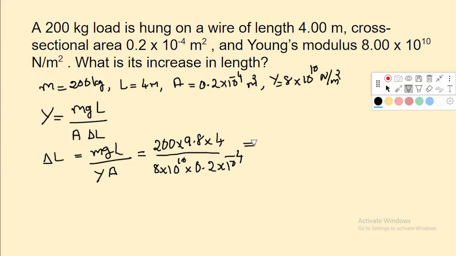So after the calculation, you can have the change in length is equal to 4.9 into 10 raised to negative 3 meter.